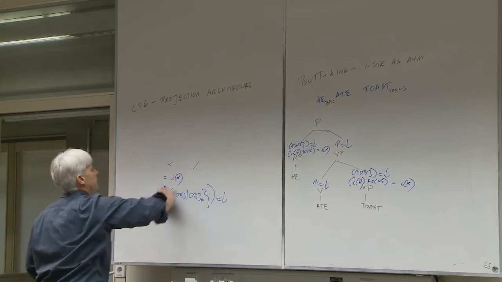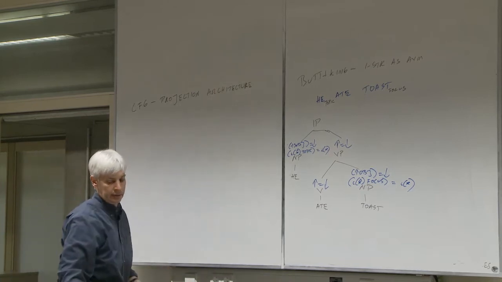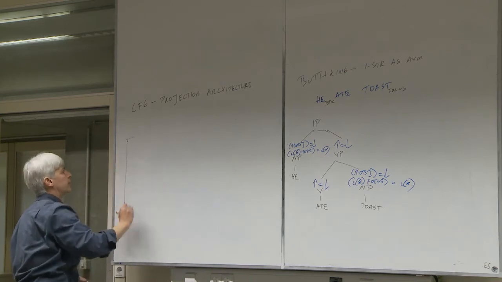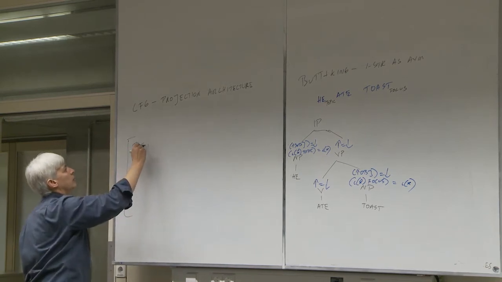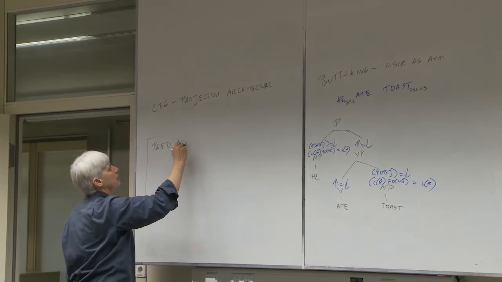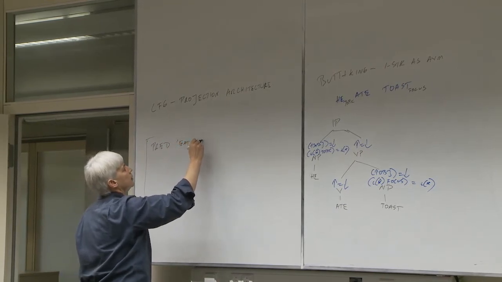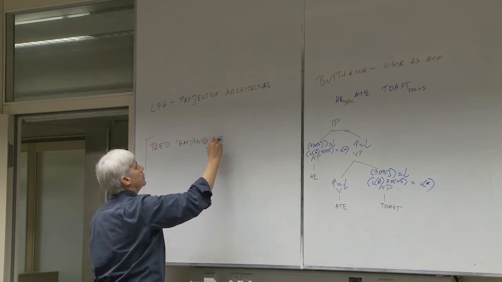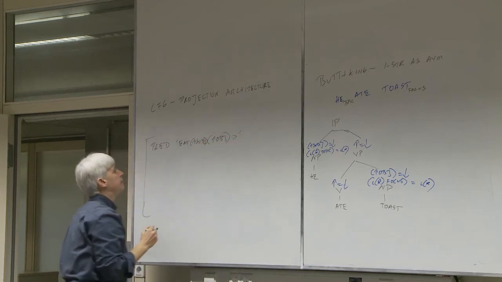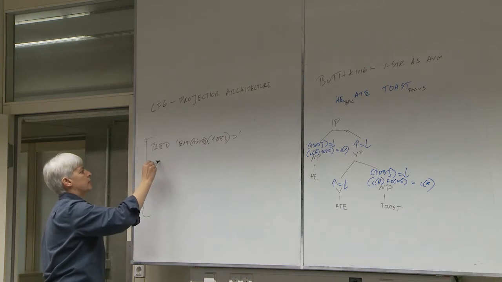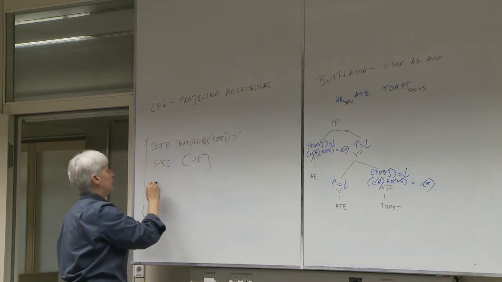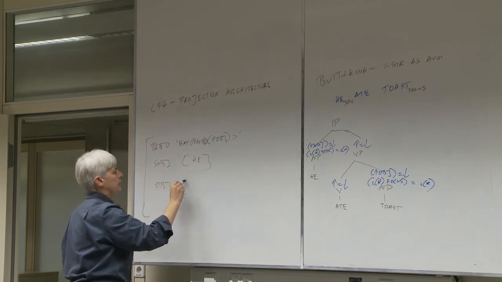And that would then result in an F structure that we are familiar with, where we would have a pred, eat, subject, object, and the subject would be he, and the object would be toast.